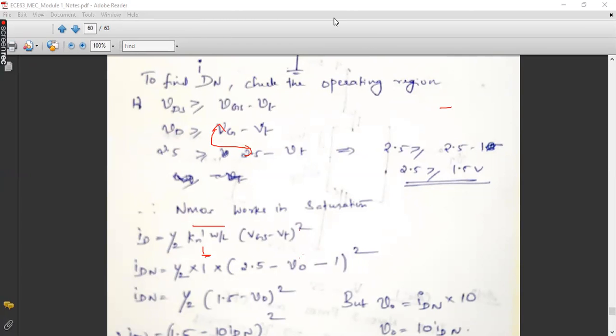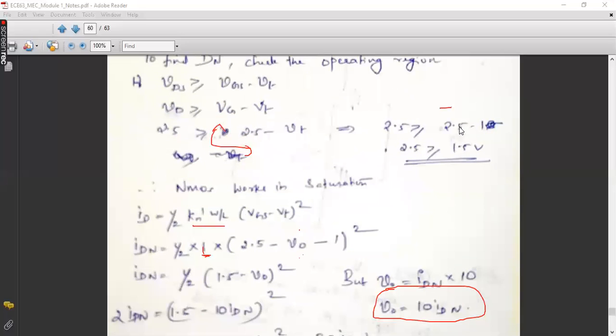So here we are having two unknowns, IDN and V0. So we have to replace V0 in terms of IDN. Output is nothing but current into resistance. The resistance is 10 kilo ohm. I will not convert kilo ohm into ohm because I am expecting my answer in milliampere. So let it be in kilo ohm itself. So the answer is 10 IDN. We will replace V0 with 10 IDN, substitute here, and expand A minus B whole square.